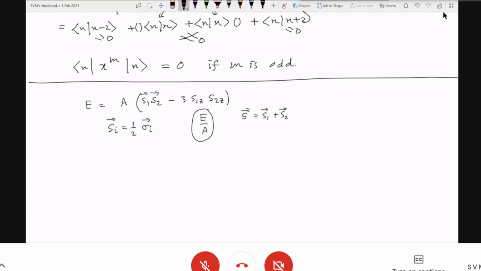The options are: option A, S square minus 3 Sz square; option B, S square minus 3 Sz square by 2; third option, S square; and option D, S minus 3 Sz.